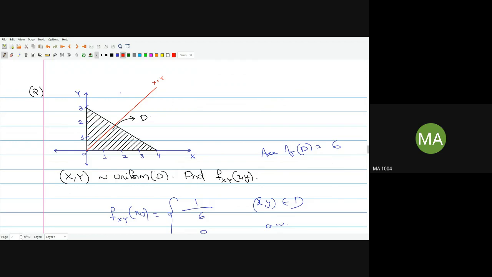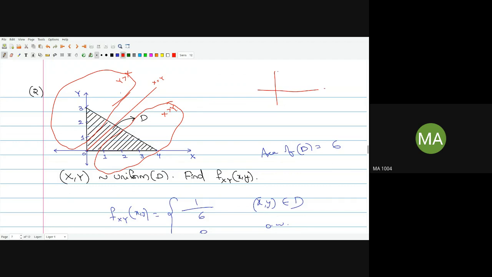This works for all lines, not only the x equals y line. One region represents y greater than x, and another region represents y less than x, or x greater than y.